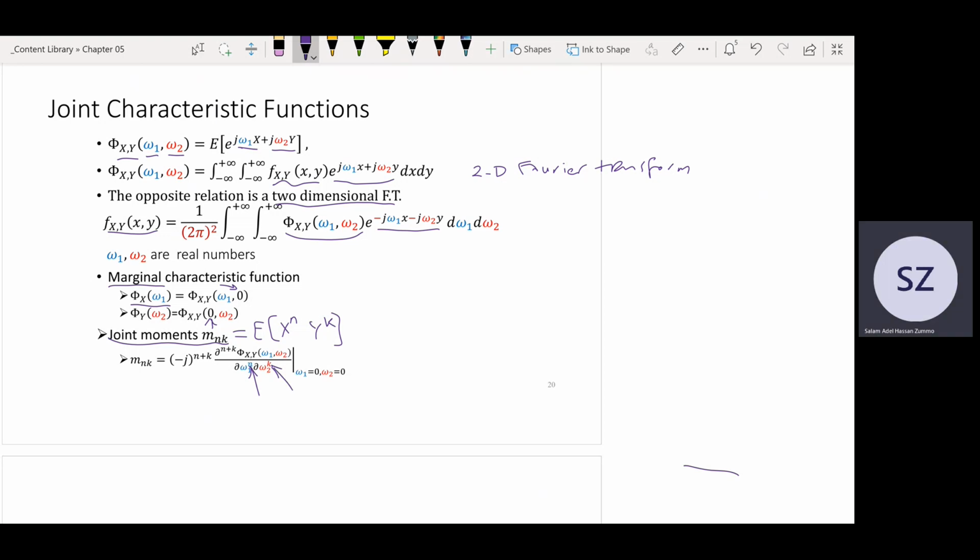X to the power n means you differentiate n times with respect to omega 1. Y to the power k means you differentiate k times with respect to omega 2. Then you multiply by minus j to the power n plus k, set omega 1 to 0, set omega 2 to 0, and you get this. The hugely complicated integration ends up as differentiating the one characteristic function several times and then setting the values. Much easier.